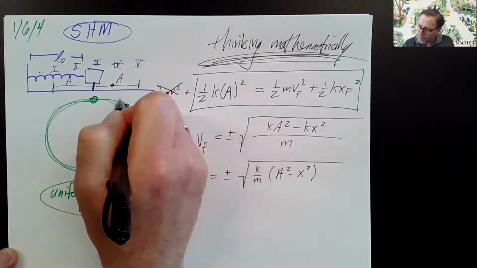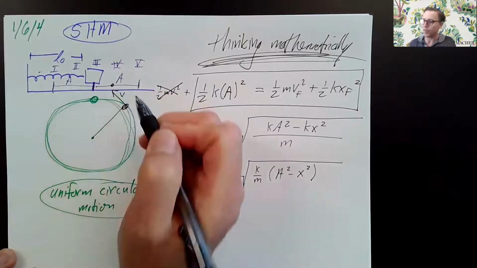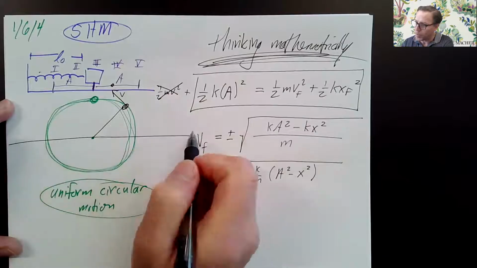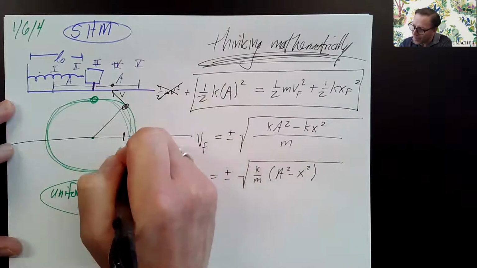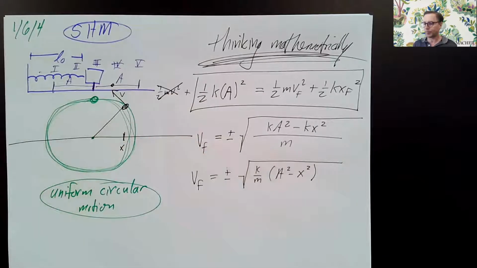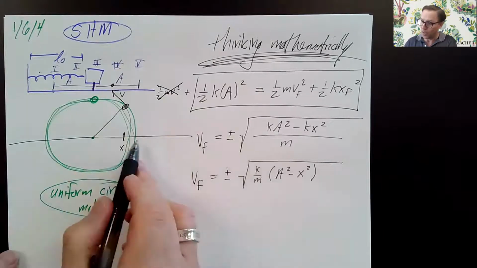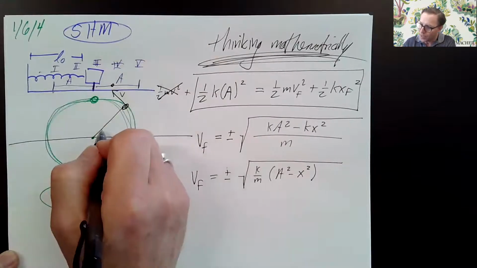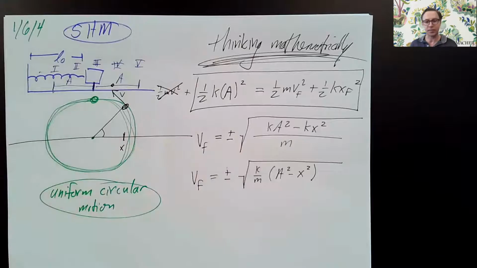And the velocity looks like this. And my location right here, x. Do you see that my location along here, this block's left-right location, has to do with this angle?